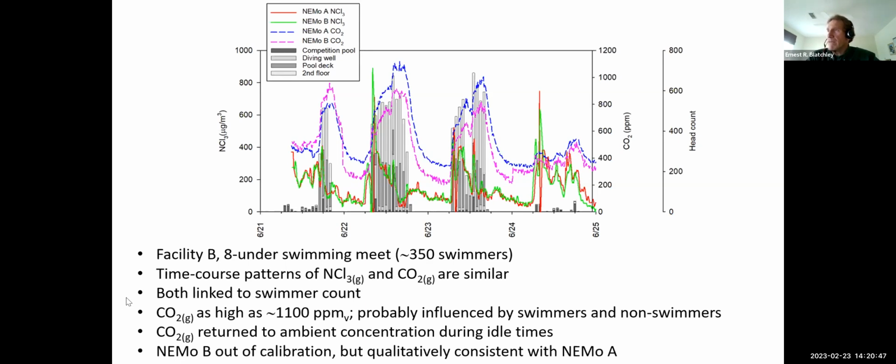Another thing that's a very consistent trend that we observed in not only this experiment, but all of the other experiments is that there's a really strong correlation between the times when people are present in the pool and when we see peaks in the concentrations of these compounds that we're measuring in the gas phase. And the reason for that is really pretty simple. It's because the swimmers who are spending their time right near the gas liquid interface are mixing that water and promoting transfer of these volatile compounds.